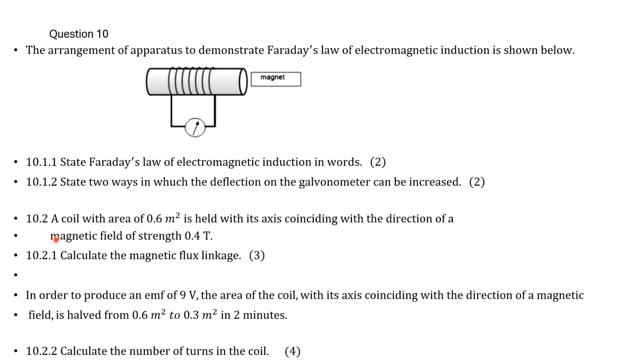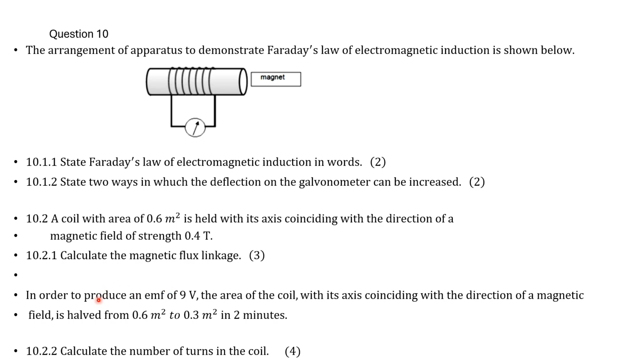Right, 10.2. A coil with area 0.6 meters squared. So you see the area is given. It is held with its axis coinciding with the direction of a magnetic field of strength 0.4 Tesla. Calculate the magnetic flux linkage. So we want phi there, for 3 marks.